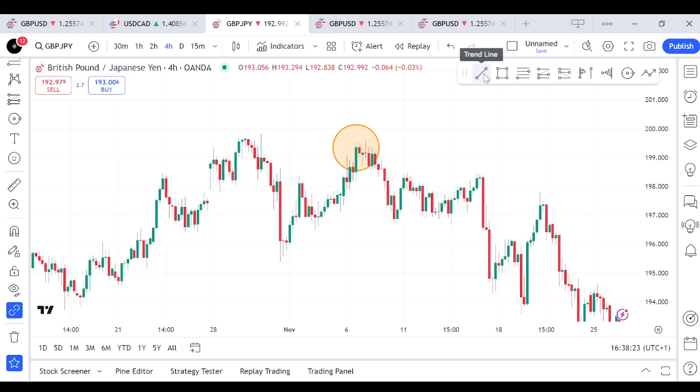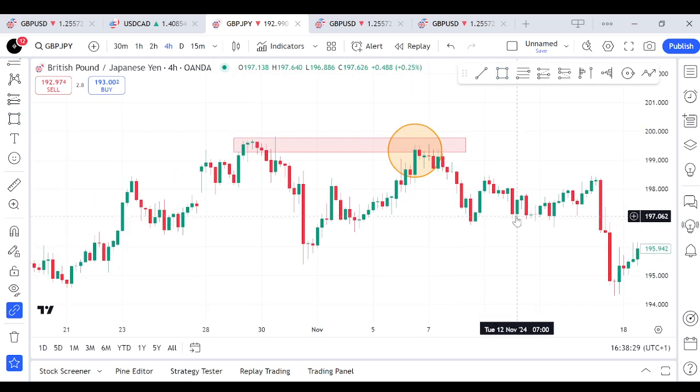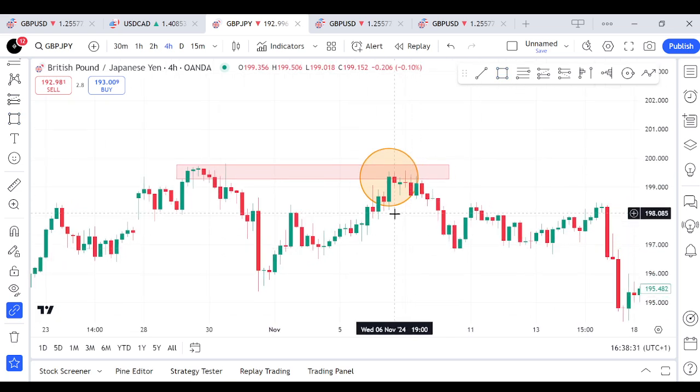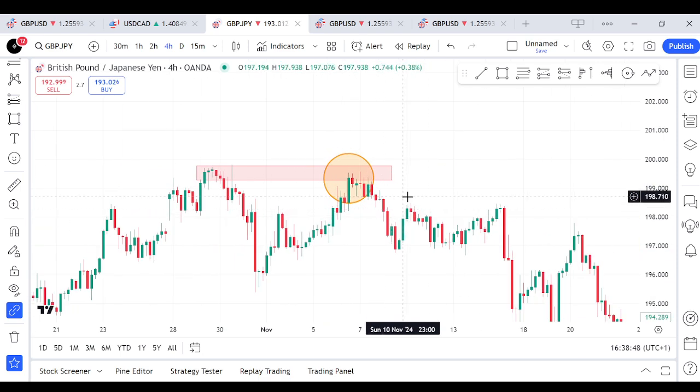You can see this one. This was a major resistance level right here, first of all. And then we have this large green candle, this large bullish candle, with the bearish candle coming after it, and it fits perfectly inside the bullish candle's body, and that is a bearish harami pattern.